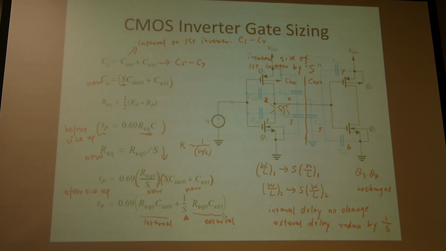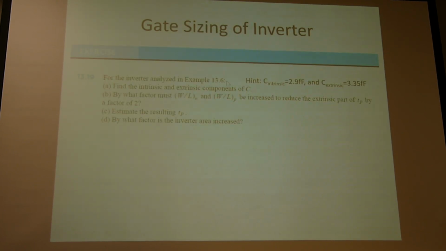So any questions here? We can look at one example for this sizing. Let's say this is the intrinsic or internal and external cap. So C1 to C4, the sum is this one. C5 to C7, the sum is this one.